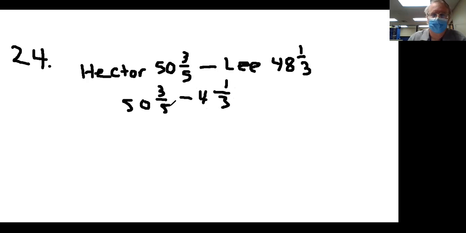Just like, if you remember, with addition and subtraction with fractions, you cannot do anything with numbers that do not have common denominators. First thing we need to do is convert this into just a regular fraction. We have a compound fraction here.